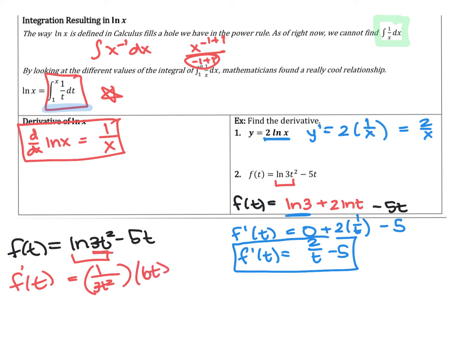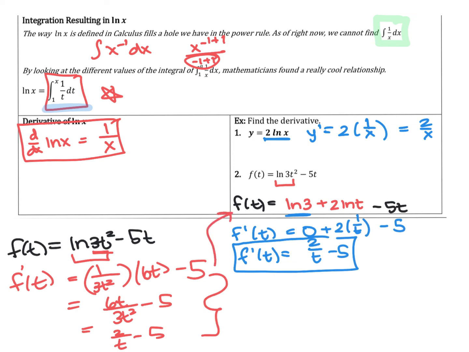Well, the derivative of 3t squared is 6t, still minus 5. And then this would clean up to be 6t over 3t squared minus 5, which would simplify to be 2 over t minus 5. But if you just look at the amount of steps that I had to take here versus just expanding it out, I think you're going to see that expanding is going to make it easier, and you don't have to worry about the chain rule.